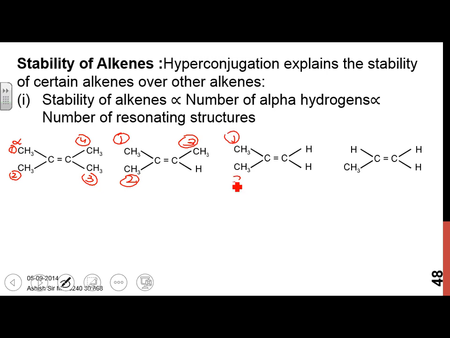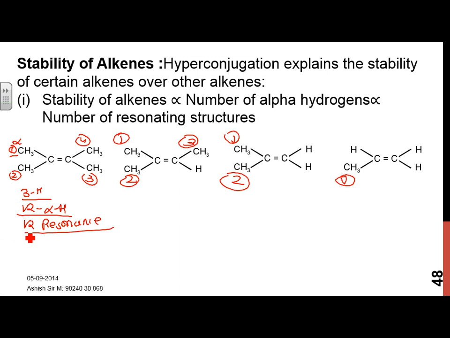This one has only 2 alpha carbons, and this one has only 1 alpha carbon. Correct? Since it has 4 alpha carbons, each carbon has 3 hydrogens, that means total 12 alpha hydrogens. That means 12 times resonance. 12 times resonance means there are 12 different structures available for the electron to hide. So it will not react so easily. Correct or not? So this alkene is more stable.